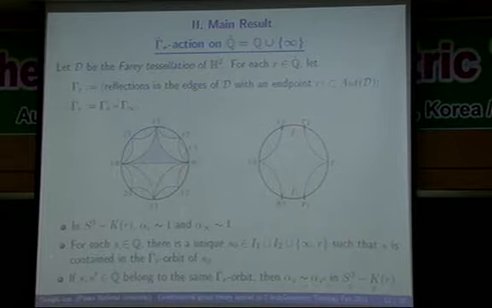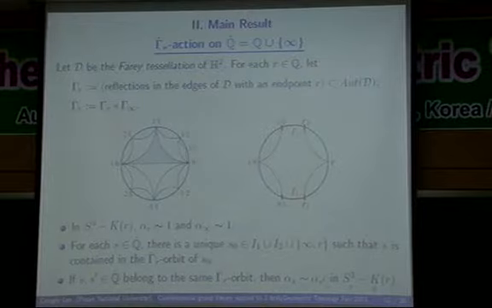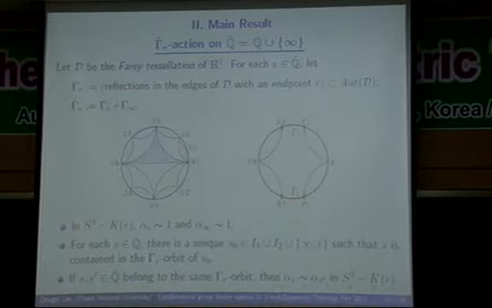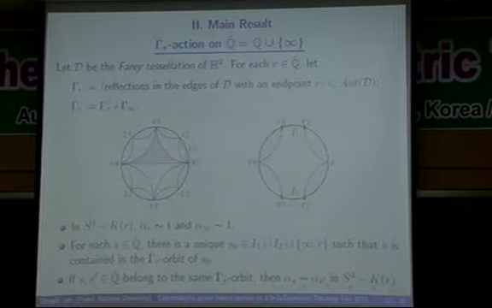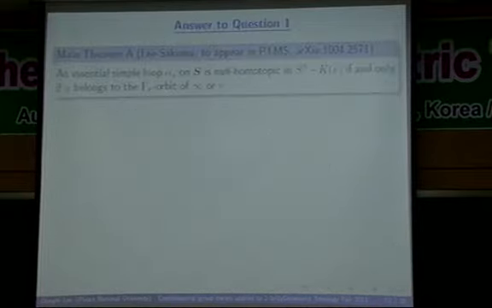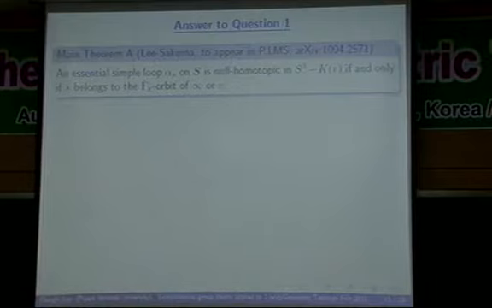Therefore, if you combine these two to solve questions 1 and 2, it suffices to consider the intervals I sub 1 and I sub 2 and infinity and R. And also if you combine these first two and the third, we see that if S belongs to the orbit of R and infinity, then the essential simple arc is null homotopic in the two-bridge link complement. And then this is our first main result, which answers question 1.